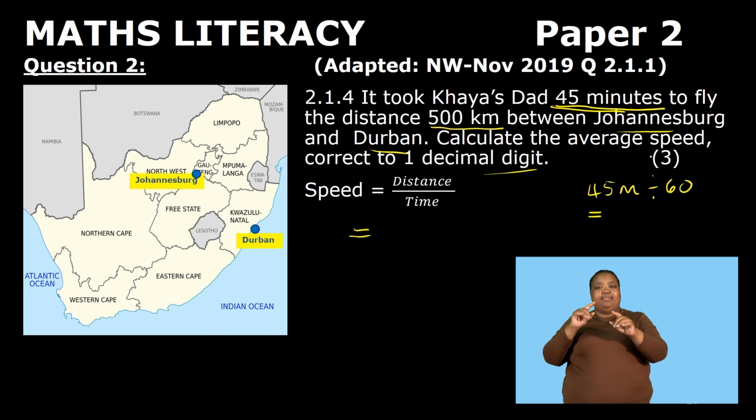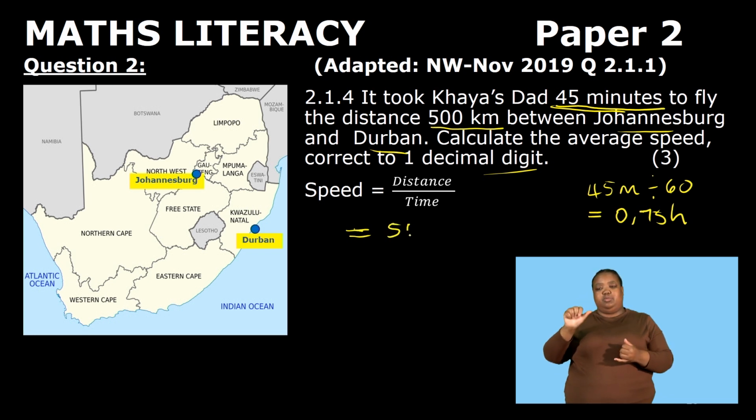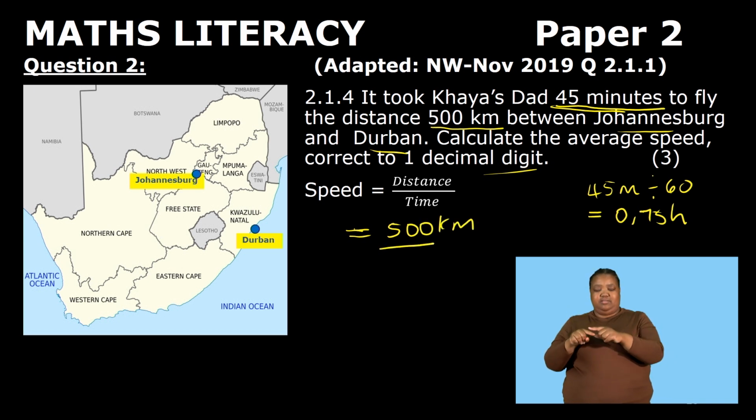This will give you 0.75 hours. Then you go to your formula and substitute. Substituting, your distance is 500 kilometers divided by 0.75 hours.